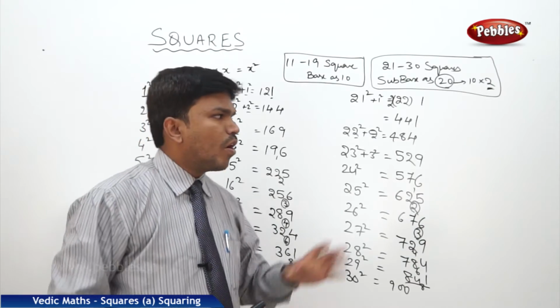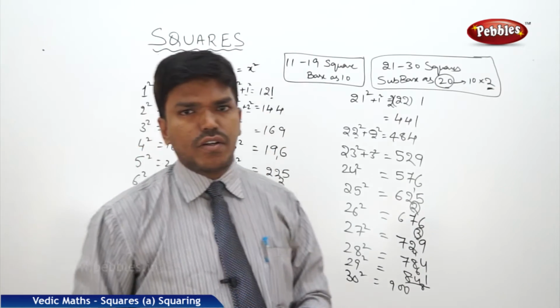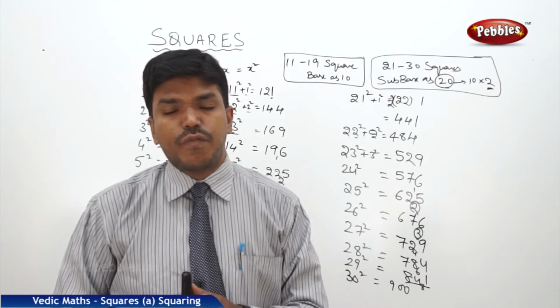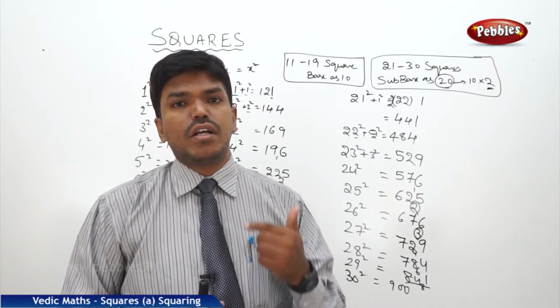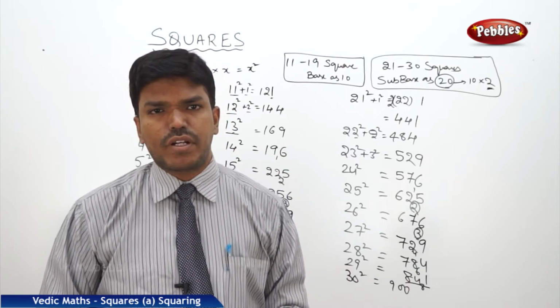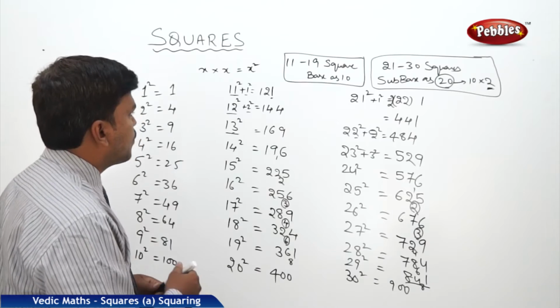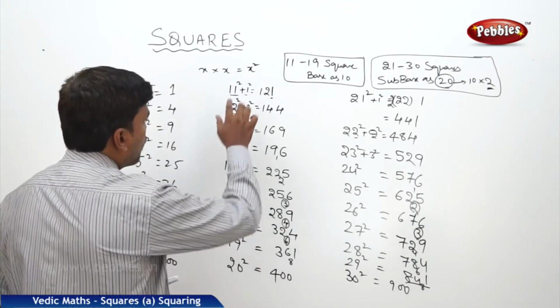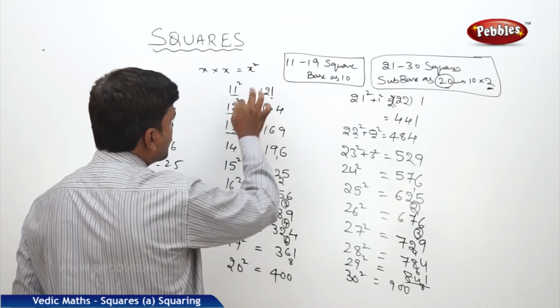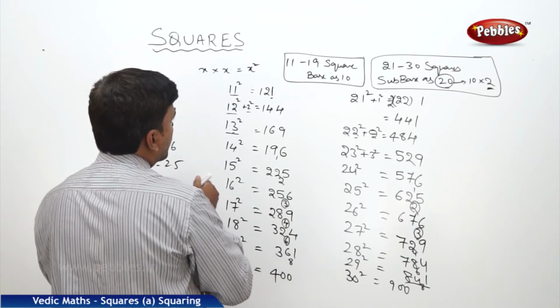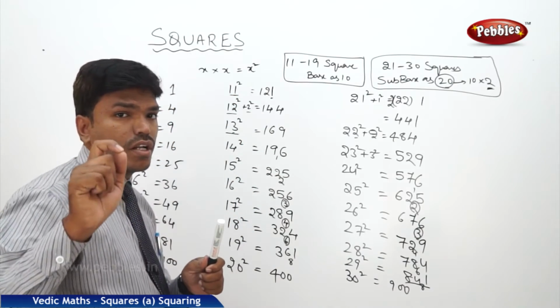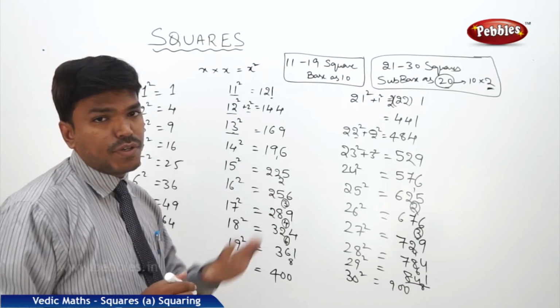Even though we already calculated like this, there are some techniques with which we can easily remember the squares with some logic behind that one. For example, if you observe 11 square, I will tell you some logics to remember the squares between 11 to 30.